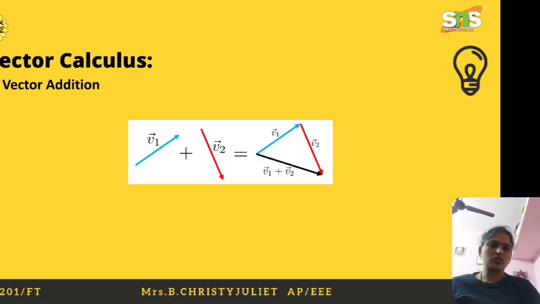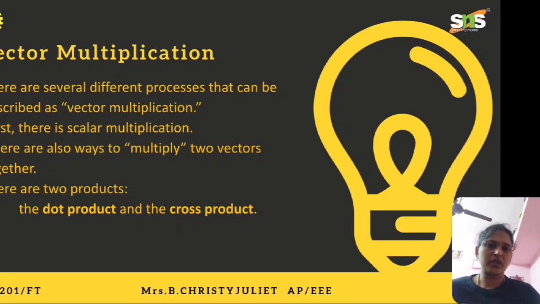Now we will see vector calculus, which is nothing but vector calculations, where we basically have four things: addition, subtraction, multiplication, and dot product. There are several different processes that can be described as vector multiplications, but there are scalar multiplications also.